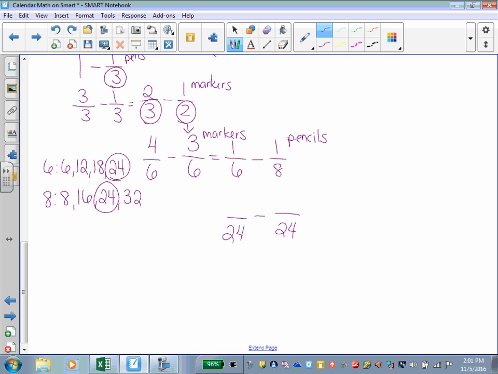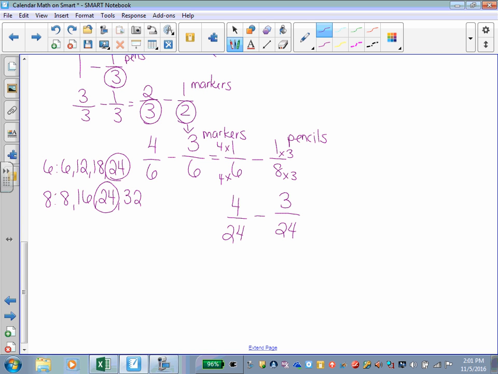Well, what can I do to 6 to get to 24? We multiply it by 4. Whatever you do to the denominator, you do to the numerator. So 1 times 4 is 4. What did I do to the 8 to get to 24? Multiplied by 3. Again, whatever you do to the denominator, you do to the numerator. So 1 times 3 is 3.